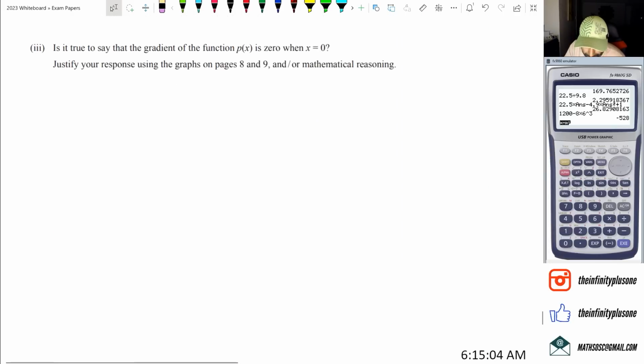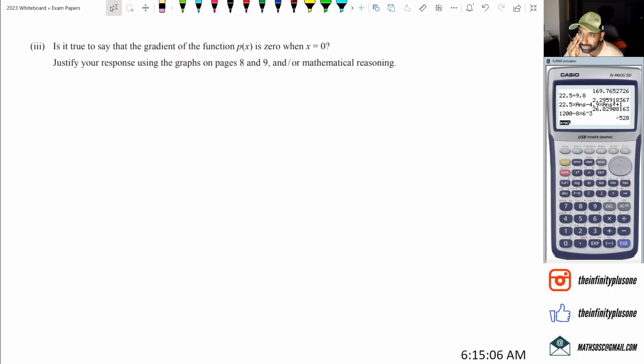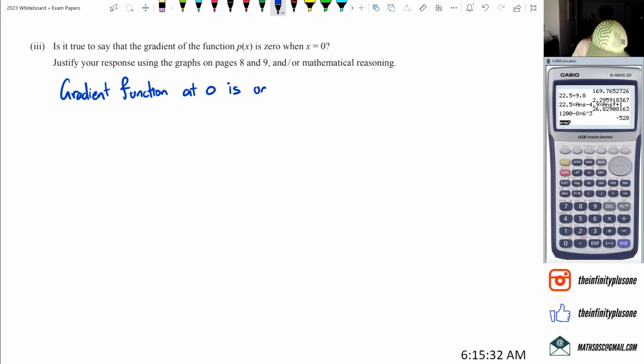To be honest, this is one of those questions where you need to understand that the first thing you have to say is that the gradient function is not possible at 0. So that's the first thing I would say: the gradient function at 0 is undefined.